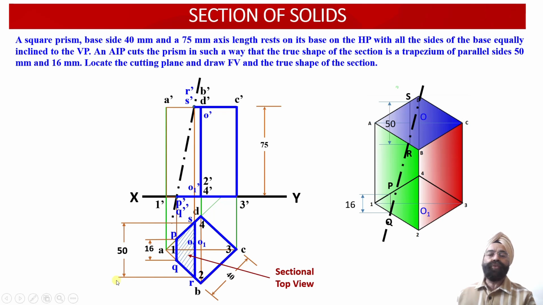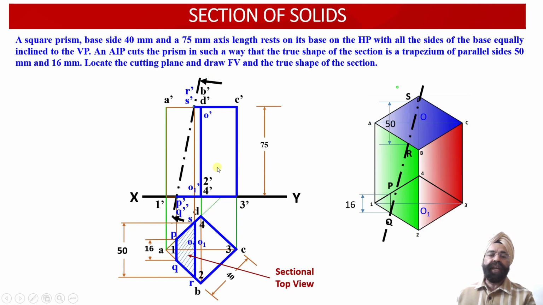Now we have obtained the sectional front view projection and the sectional top view projection, and we have also obtained the orientation, or the location, of this cutting plane with respect to the horizontal plane. Now we are required to obtain the true shape of this cut section.